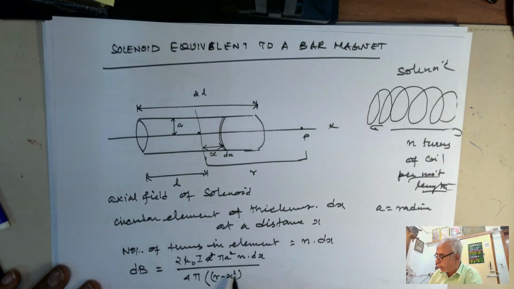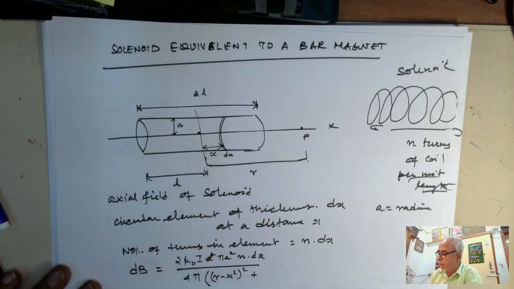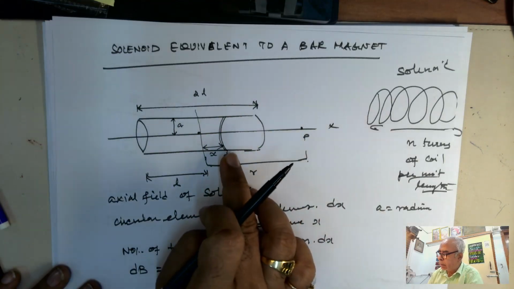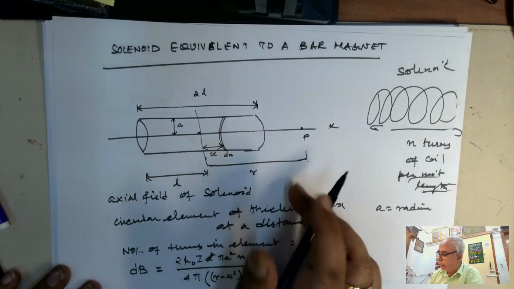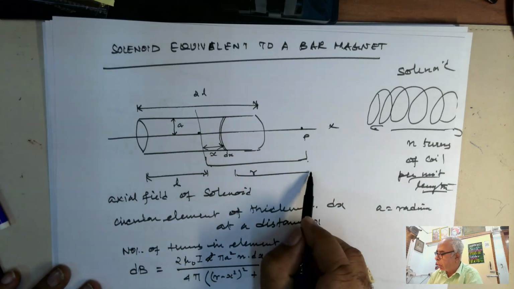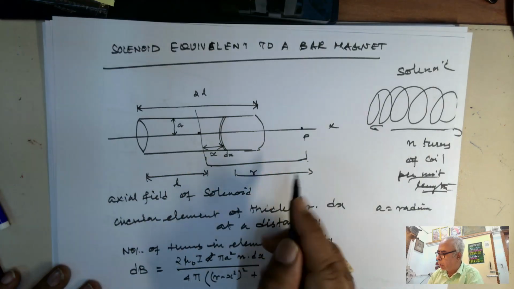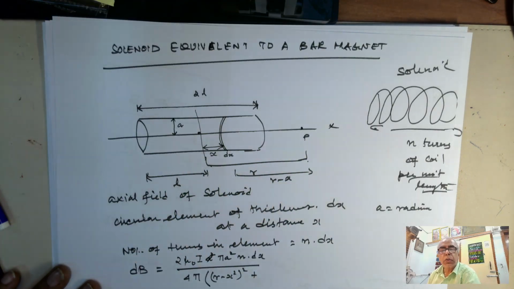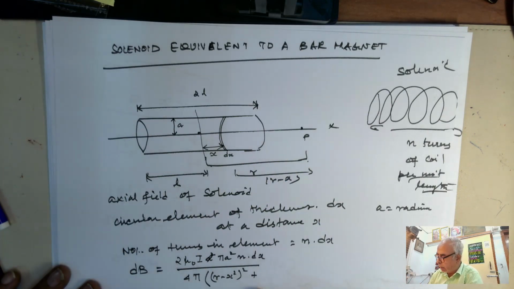x whole square plus, what is r minus x whole square here? R minus x means the distance between the point P and the circular element. So this distance is r minus x. Do you understand? This is r and this is r minus x, and that is why we have put r minus x. The r minus x whole square is nothing but the r squared plus a squared.